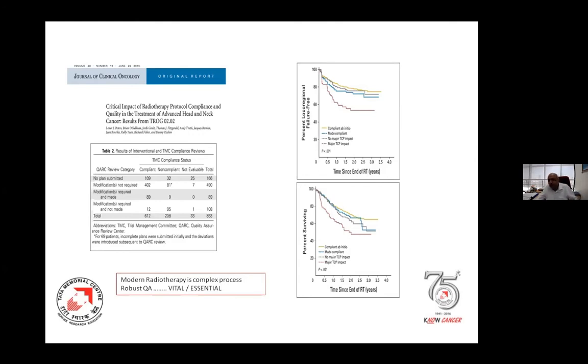A robust QA is essential. That's what we learned. But if we can teach these non-compliant centers to work in a correct way, we will have a better outcome. But unfortunately, that wonder drug has been almost lost from the system. And I am not sure that we are going to repeat something like this study.